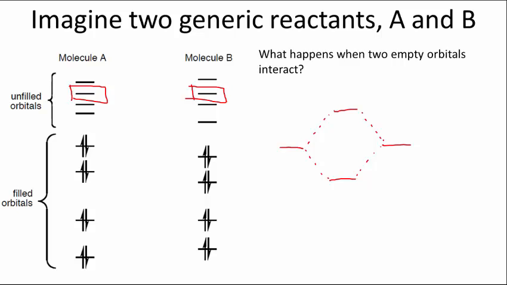And if a tree falls in the woods and there's no electrons there to occupy the orbitals, does anyone care? No. Here there's no net stabilization because there's no electrons in either orbital. So in this case, there's no net stabilization.